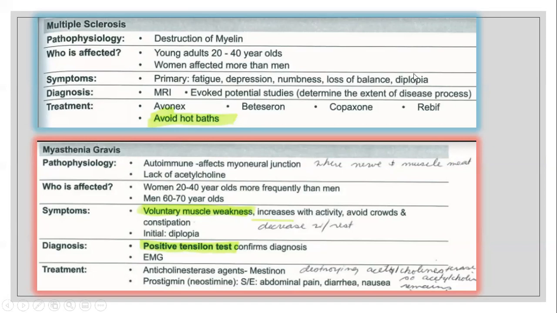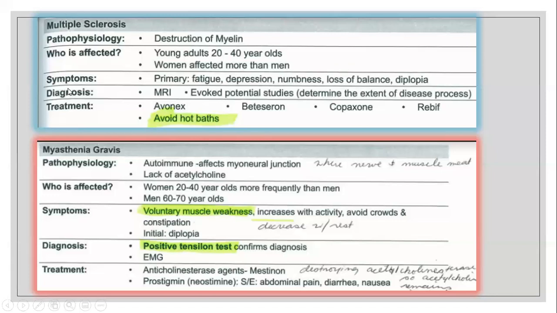So visual change, double vision or loss of vision is important. The patient feels numbness or tingling sensation or weakness in the limb, paresthesia, vertigo, right? Urinary incontinence even, right?